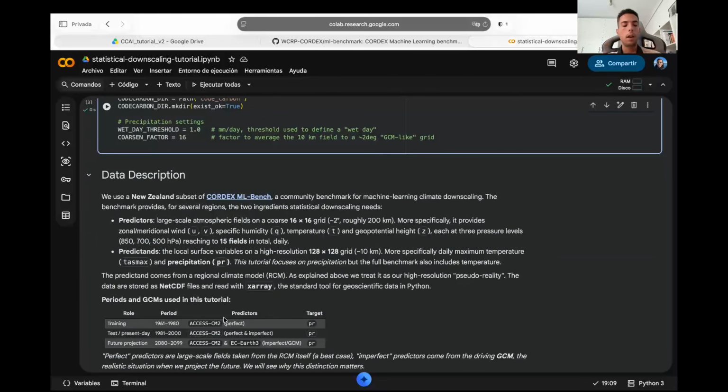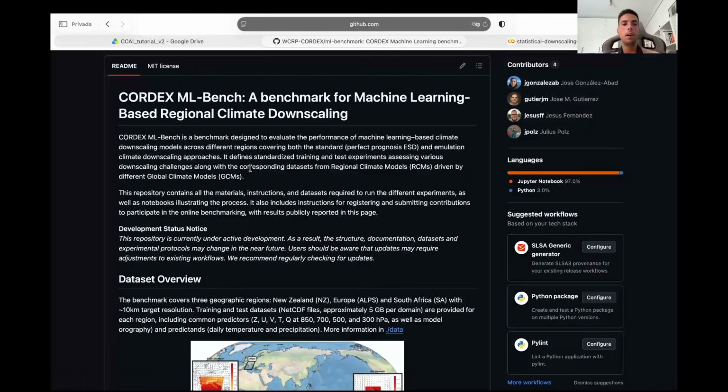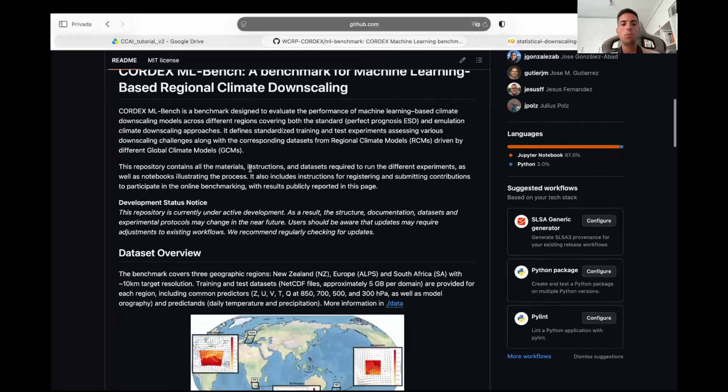Regarding the data, we are going to use a real data set that is being used in the statistical downscaling community, and that is the CORDEX machine learning benchmark. Here you can find the GitHub of the benchmark. This is at this very moment the main page of the benchmark, in case you want to know more about it.